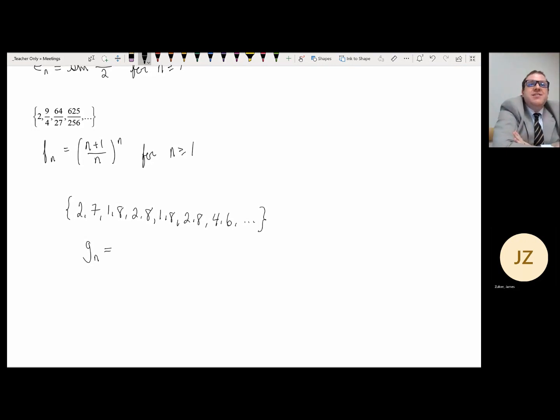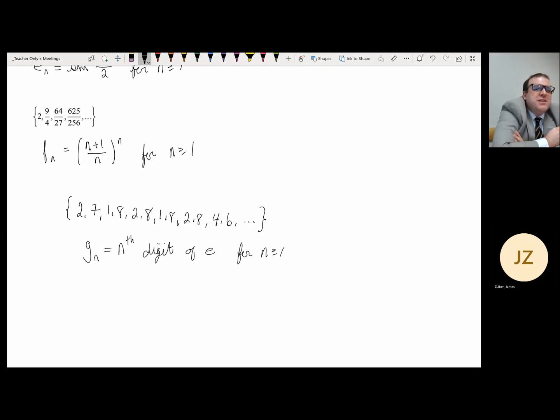Well, it's not e. There is no explicit formula because e is an irrational number.